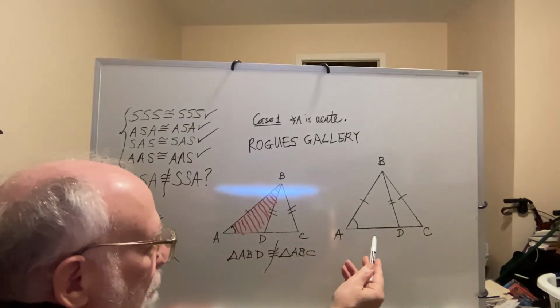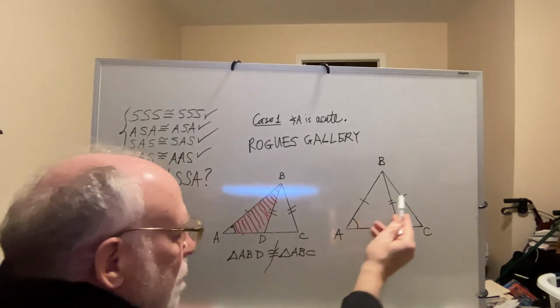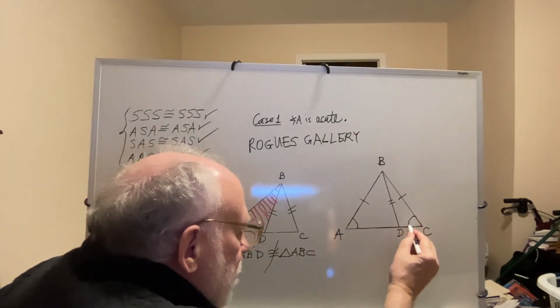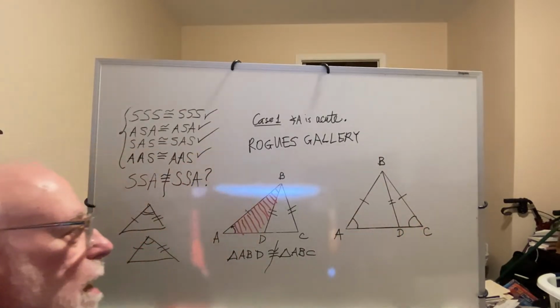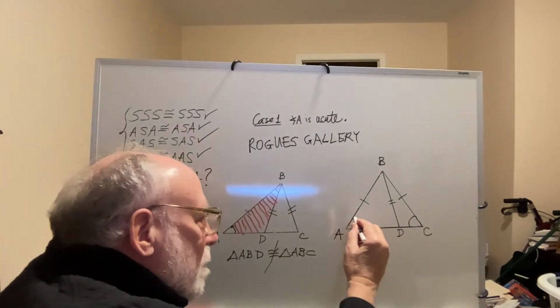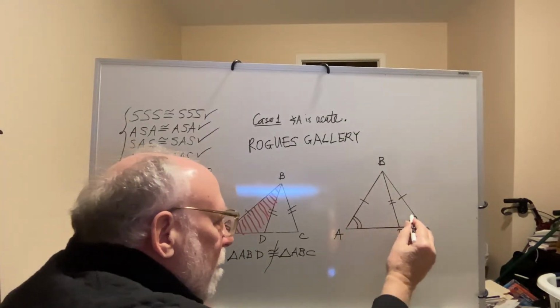What about here? Here we have an isosceles triangle ABC, so base angles are going to be congruent. Base angles of an isosceles triangle are congruent.